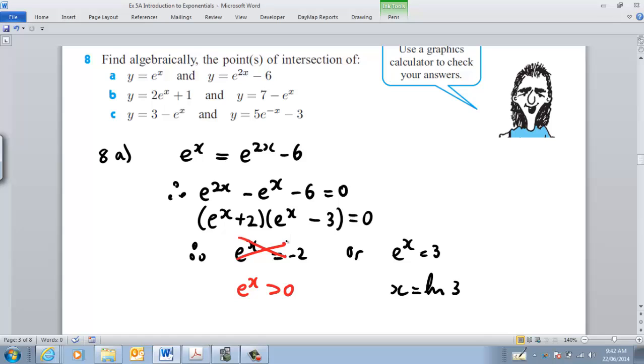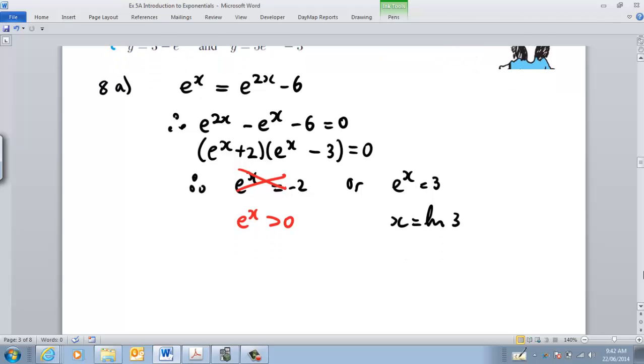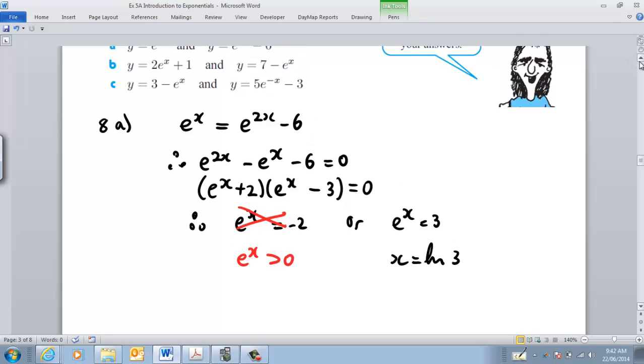Now we have to find the intersection point. It's only going to intersect at one point for this particular curve, and we know x is going to be ln of 3. The way I would do this in a question would be to say find the exact point of intersection. If you graphed it, you'd probably get a decimal, remembering these are irrational numbers.